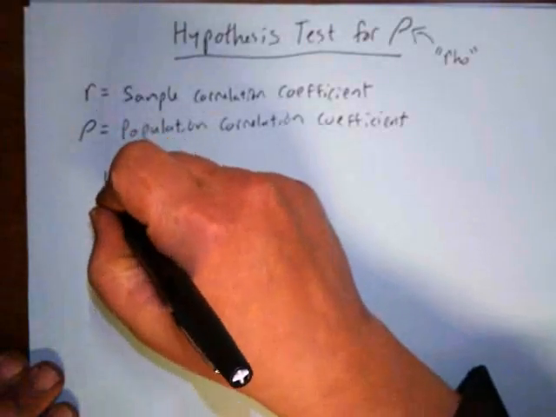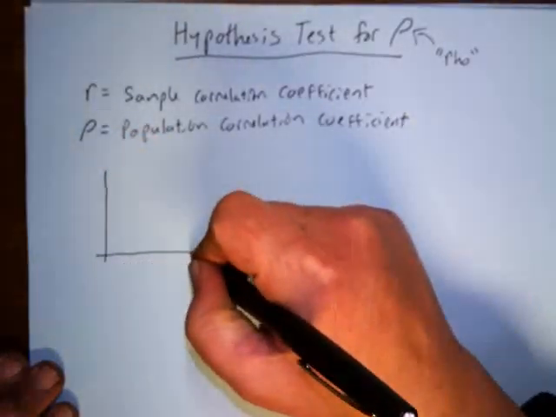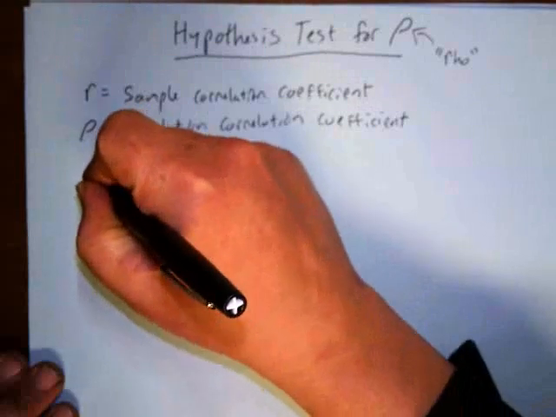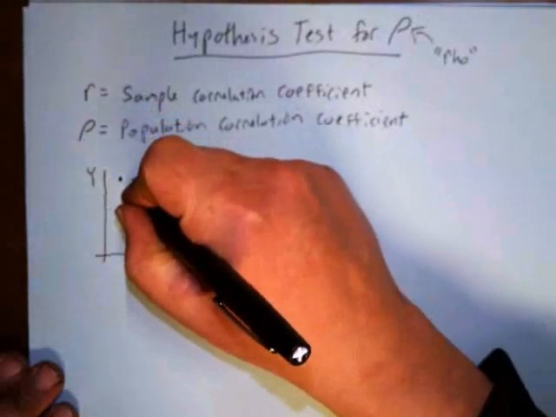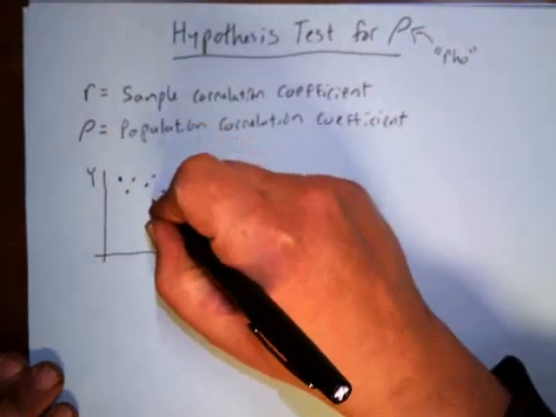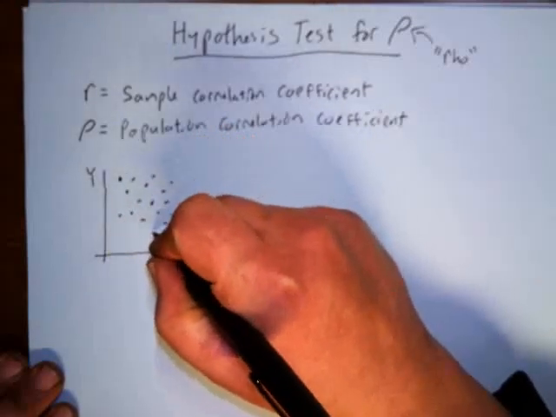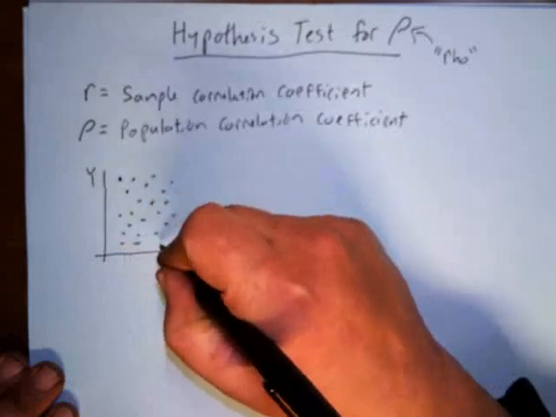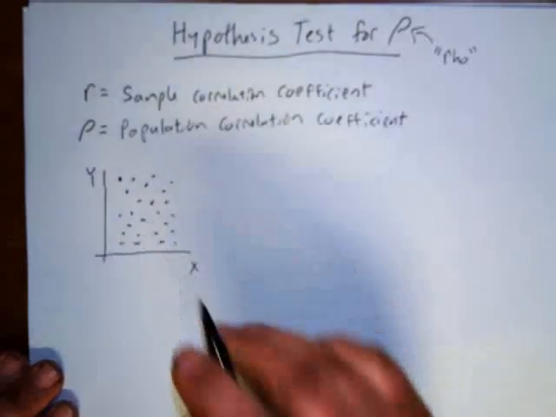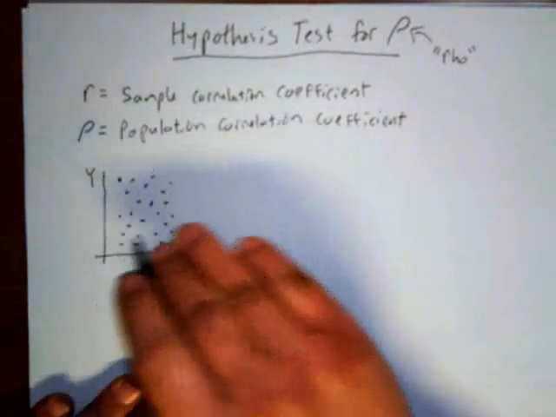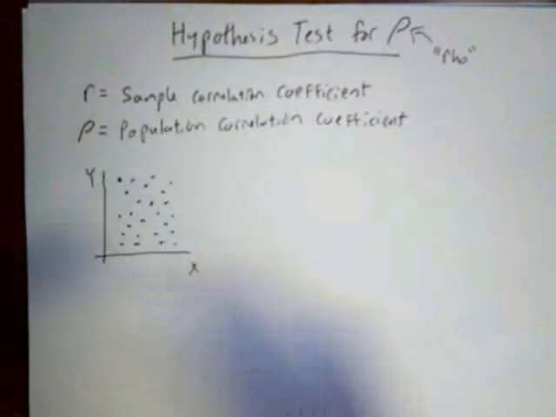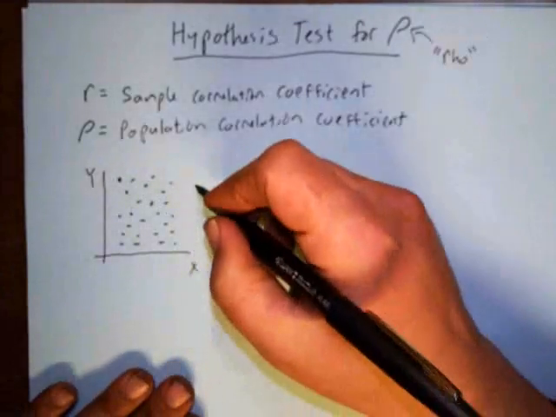Let me give you an idea what could be going on here. Let's say your population had all these values and it was very large. Maybe there's more than these, but we'll assume this is your population, and they're just randomly scattered, and you don't know if there's a correlation in the population.